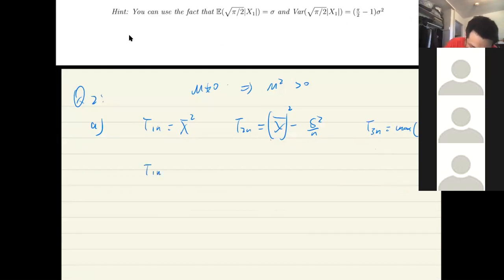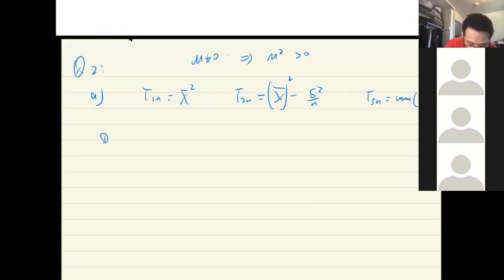One way to do that is like this. Let's calculate the asymptotic values of T1n first. For T1n, we want to use the delta method. So it's S bar squared minus mu square, times root n.